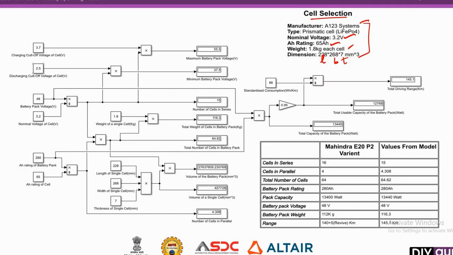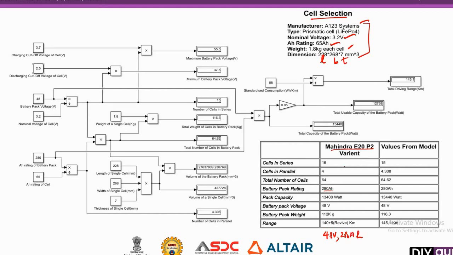With the help of this, we are going to model the battery pack and find the range of the vehicle. Here we are considering the Mahindra E20P2 variant battery. The battery pack capacity is 48 volts and 280 ampere.